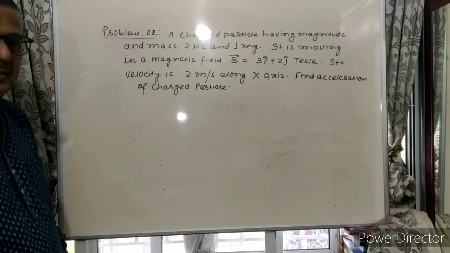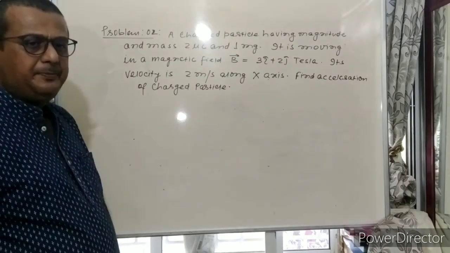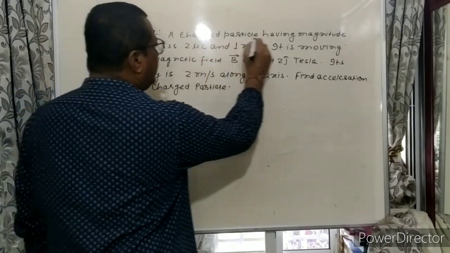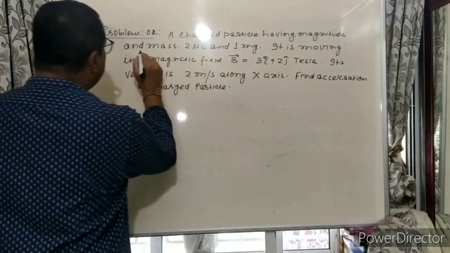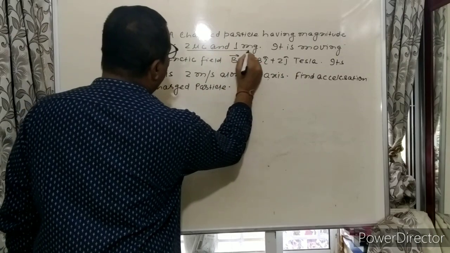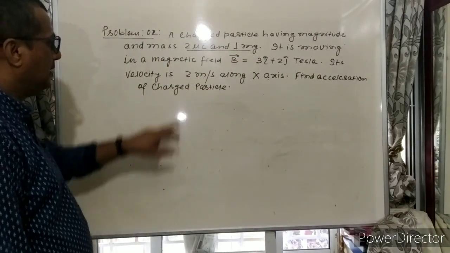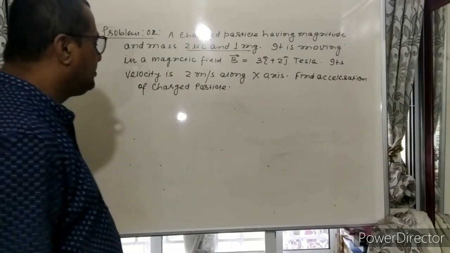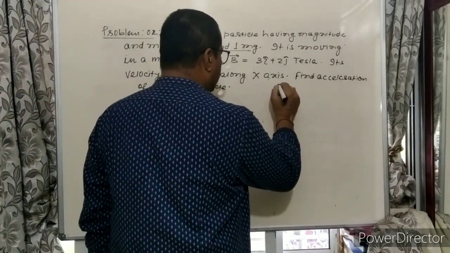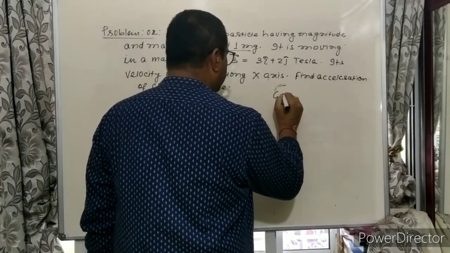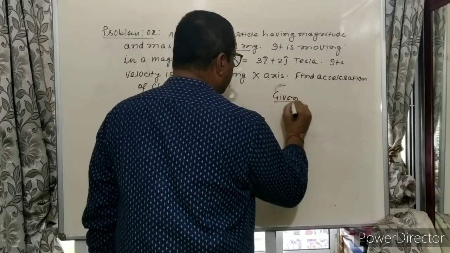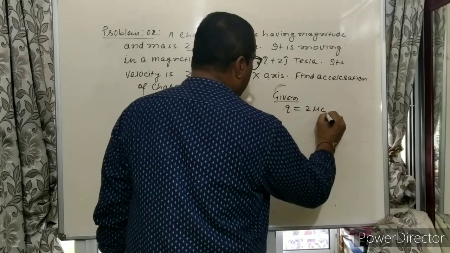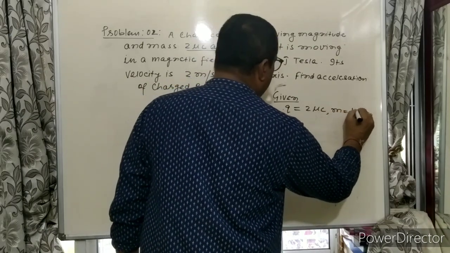This is the question. This question is totally dependent on magnetic Lorentz force. A charged particle having charge 2 microcoulomb and mass 1 milligram is given.